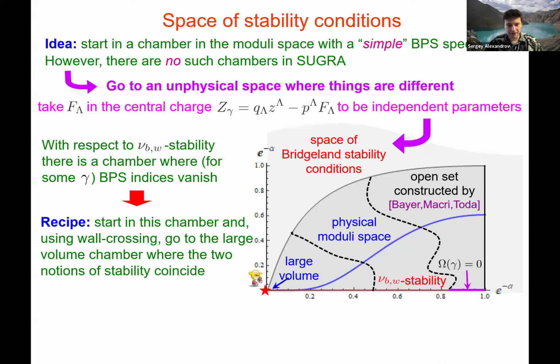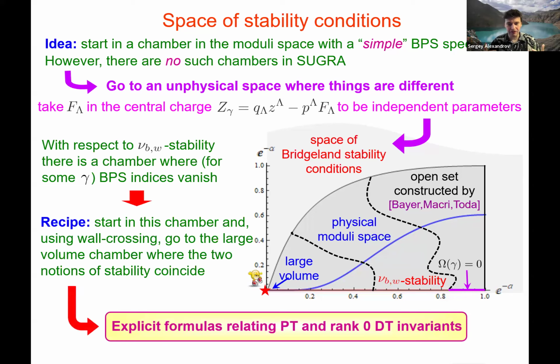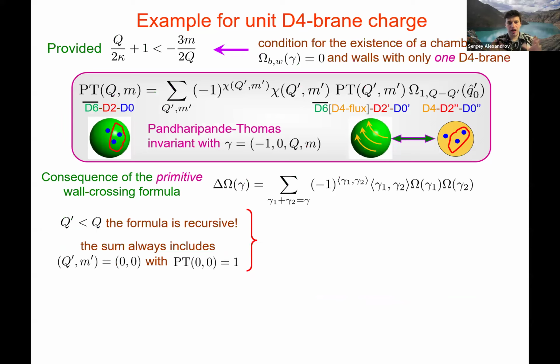And precisely this idea has been realized, and it leads to explicit formulas relating PT invariants, which I mentioned in the beginning of my talk, which are rank -1 generalized DT invariants, and rank 0 DT invariants, which we are really interested in. So let me briefly show you how this formula looks like. Well, it's very simple.